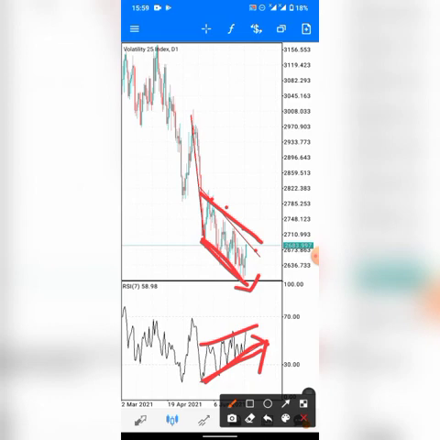But if both price and indicator are moving the same direction, both highs and lows, we leave the market, or we confirm it with another type of price action strategy. It's not all the time we use divergence to confirm any entry or trade we take, but in this video, we're using divergence to confirm it.